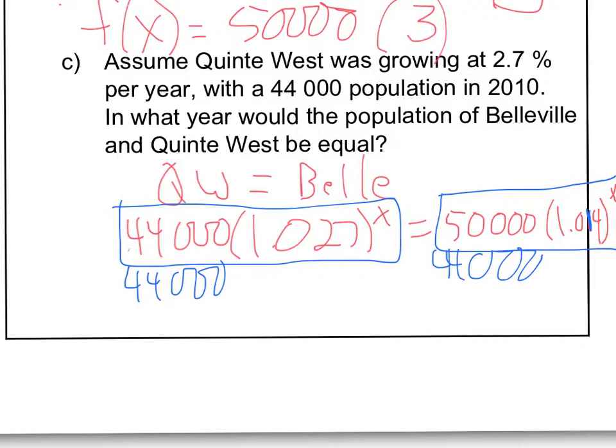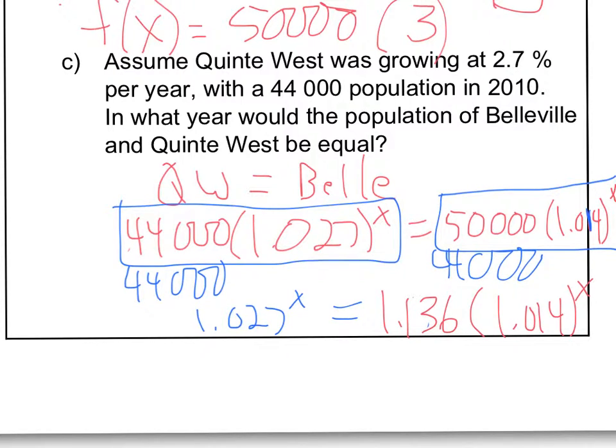In which case we're going to get 1.027 to the x equals 1.136 times 1.014 to the x.